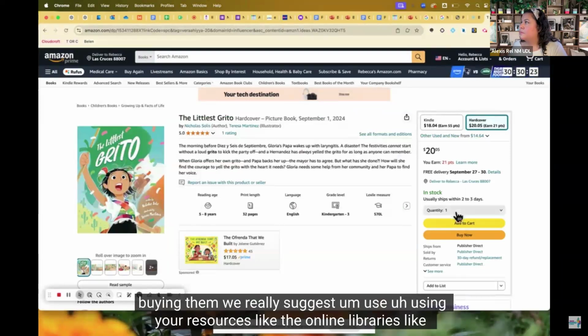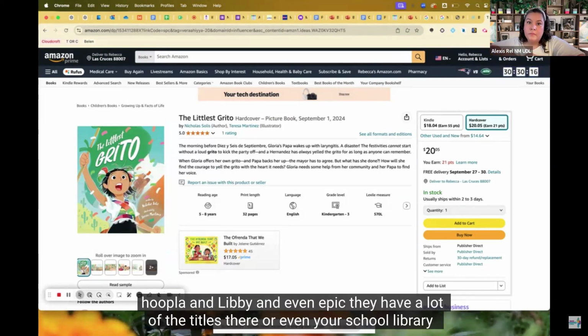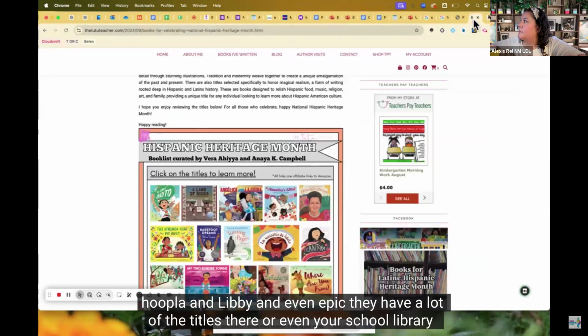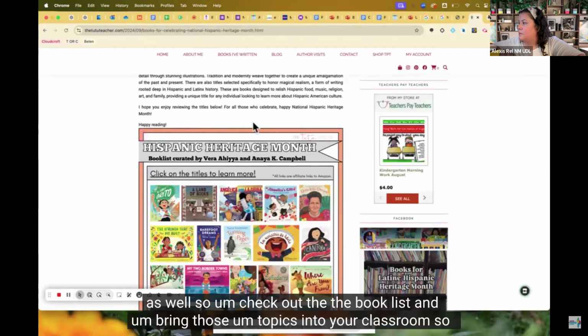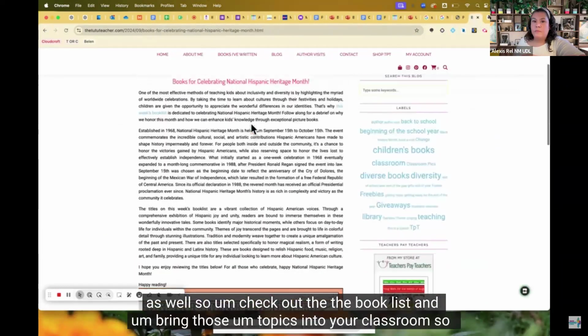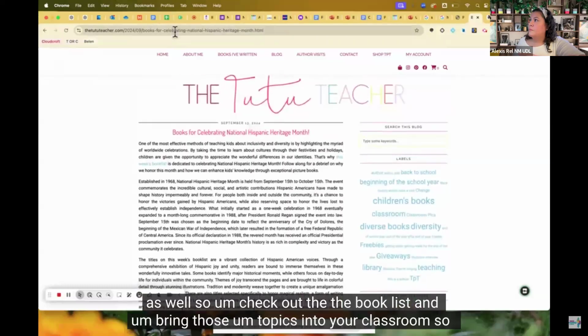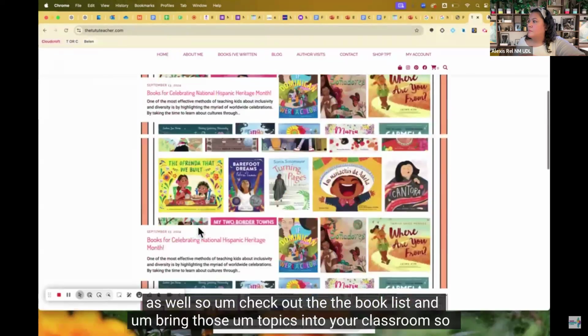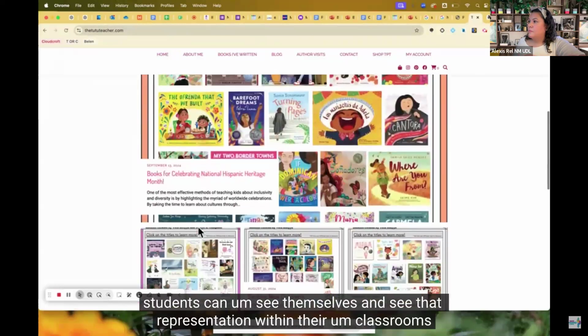And instead of buying them, we really suggest using your resources like the online libraries like Hoopla and Libby and even Epic. They have a lot of the titles there, or even your school library as well. So check out the book lists and bring those topics into your classroom so students can see themselves and see that representation within their classrooms.